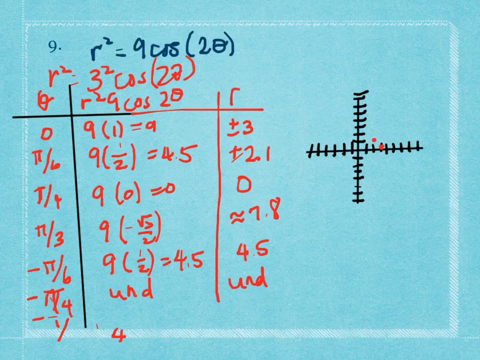We are going to plot pi over 4 and 0, which would be here. We have pi thirds and 7.1. Okay, I found this typo over here. This is actually negative 1/2.